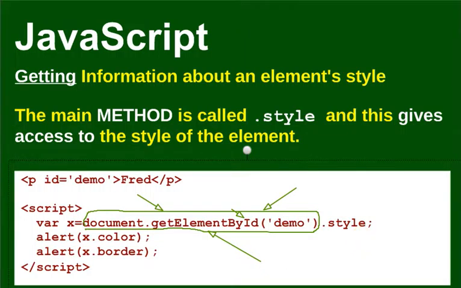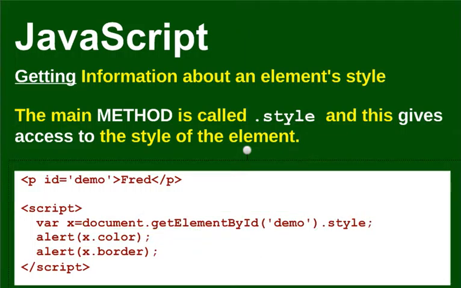And then this bit here is the style of the element. So that says look at the element and then give me all the details about the style of it, and I'm going to put that into a variable called X. So if I do x.color, that's a further attribute of style, then the alert will give me the color, and alert x.border will give me details about the border, and so on.